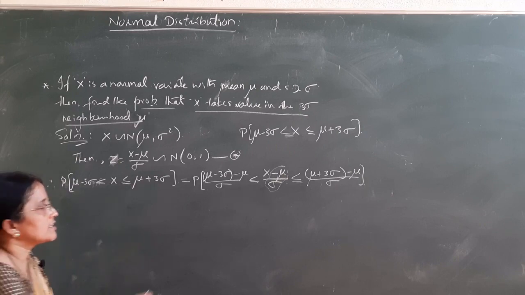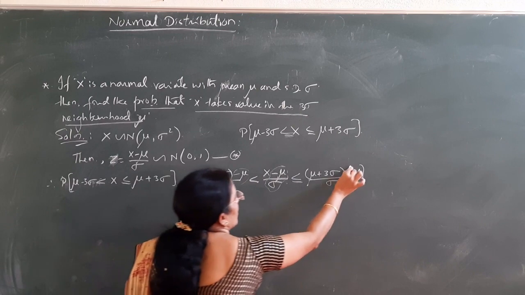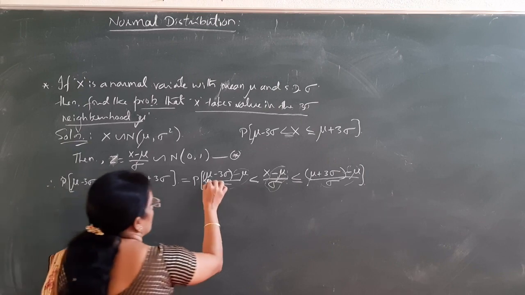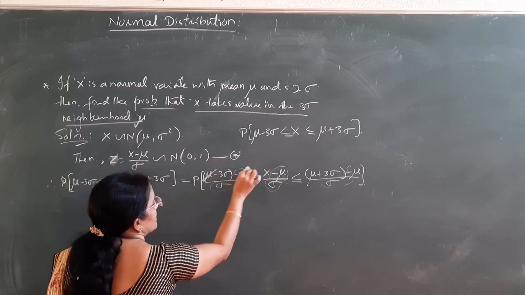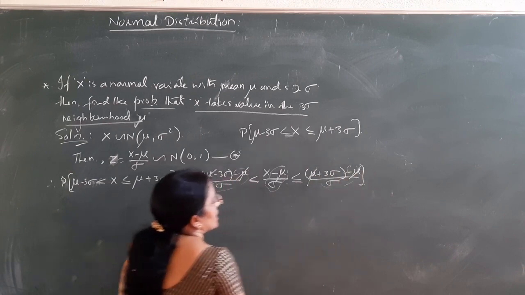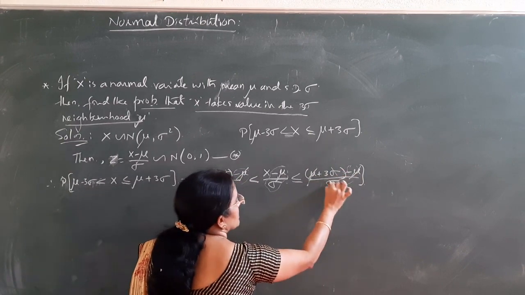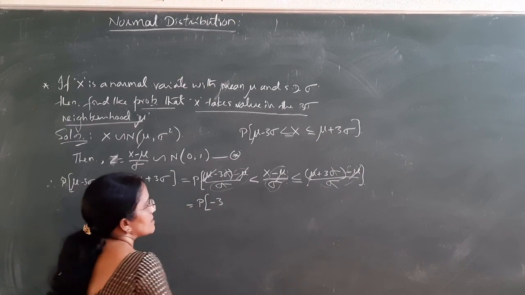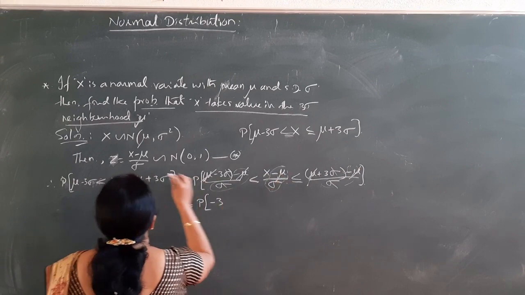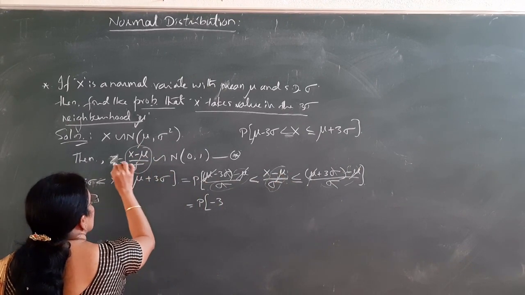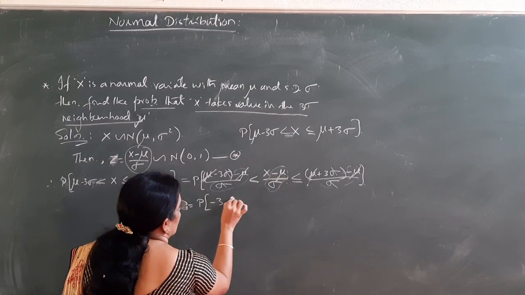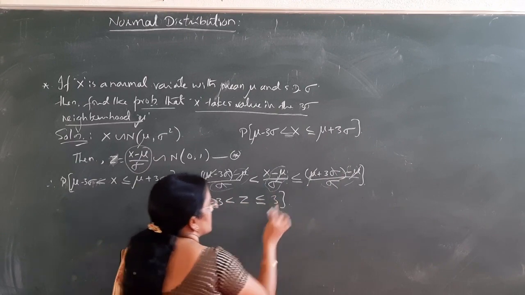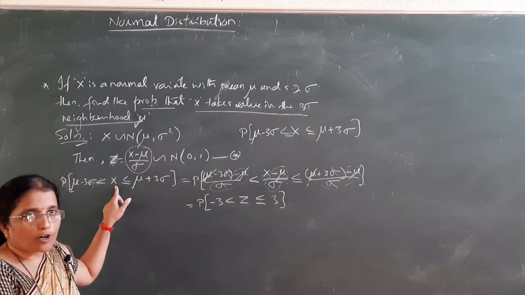In a similar manner, we have applied the same operations to all the factors in the inequality. Now observe, mu and minus mu get cancelled. Here plus mu minus mu get cancelled. Sigma, sigma, sigma, sigma get cancelled. What is remaining? Probability of, here only minus 3 is remaining, and x minus mu by sigma is z, so replace this factor by z, less than or equal to, here only 3 is remaining.